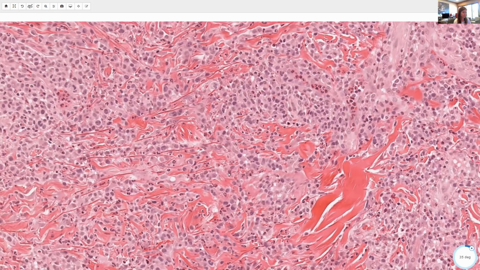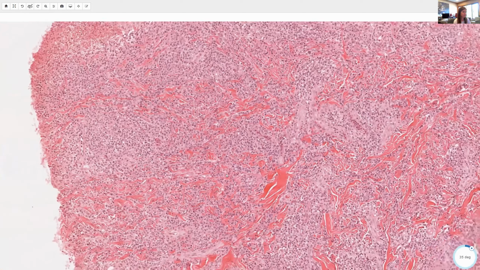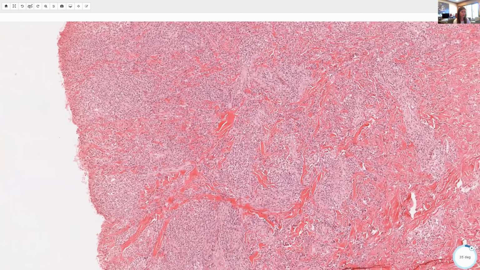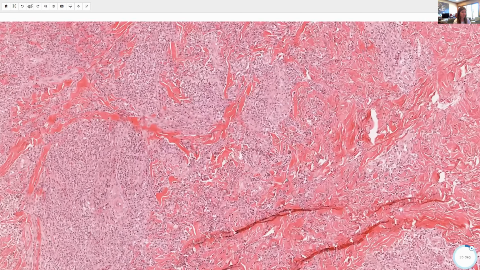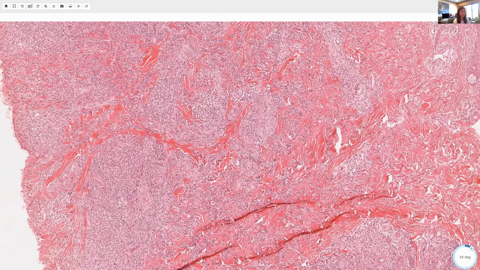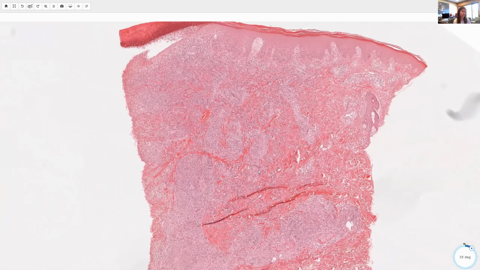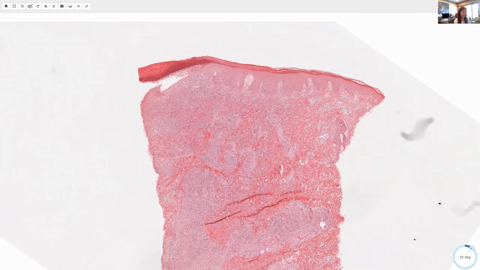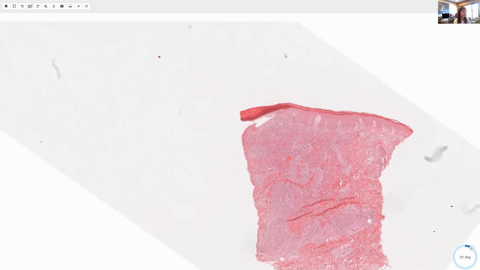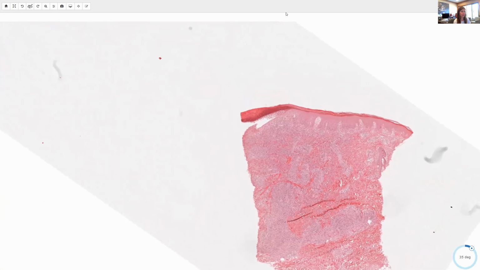So scattered larger cells in a background of a mixture of somewhat enlarged, slightly atypical lymphocytes, but grading the cytologic atypia, this doesn't look as bad as some of those more atypical lymphomas that we saw previously. The immunophenotype of these is typically CD3 and CD4 positive, to a lesser extent CD8 positive, and then as the name of the category suggests, often CD30 positive. So again, this is an example of the type A or more wedge-shaped LYP.